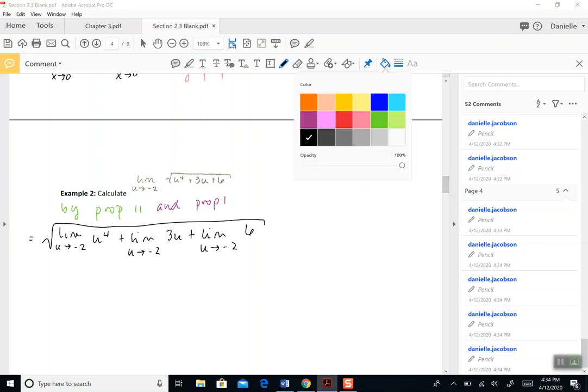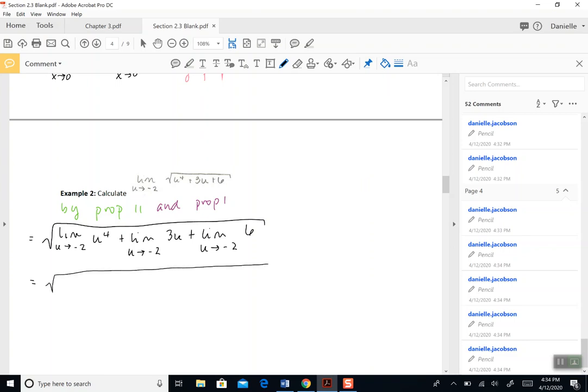All right, so again, there isn't any algebra that we can do, which means we're going to rely on our properties. So I'm just going to write this as an equal statement. So this is equal to, get our big square root in there.